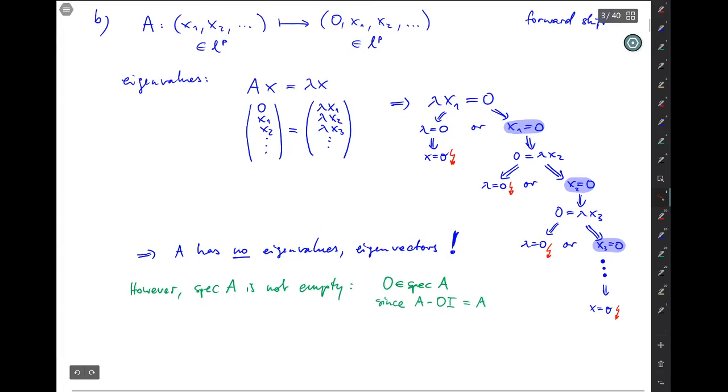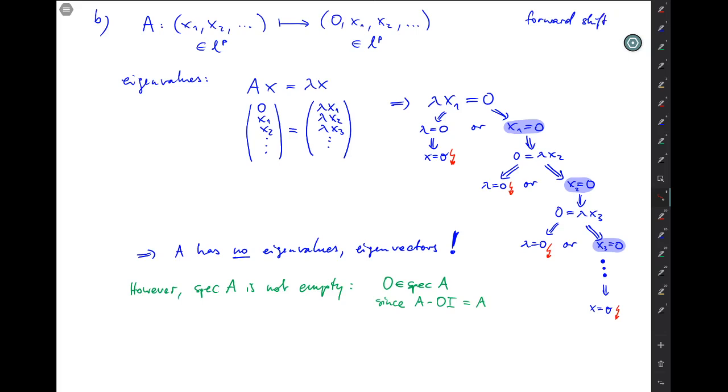Well, we discussed this in the very first couple of weeks, probably even the first exercise session. This operator A is not surjective because it's always leaving a 0 here. So vectors that have a non-zero entry in the first component are not in the image of A. So the image of A is not all of LP, it's not surjective, hence not invertible.